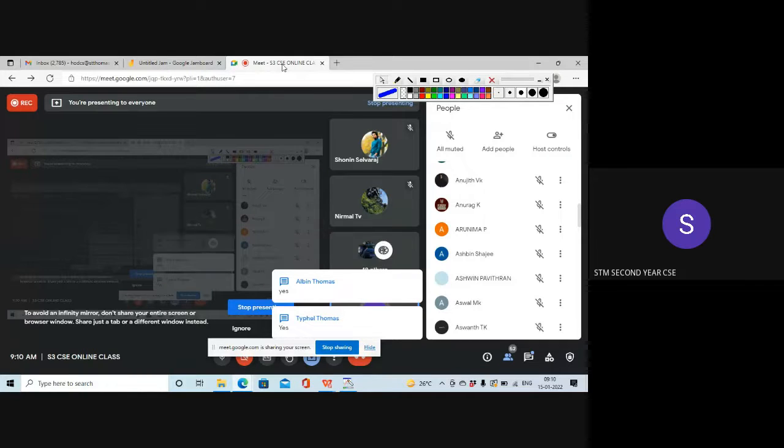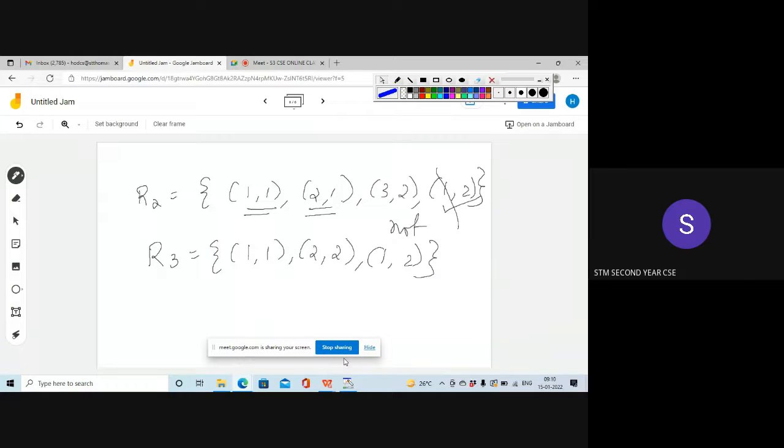What is the reason? (1,1) is there. If the elements are equal, it is okay. But the last ordered pair is (1,2), so you have to check if (2,1) is there. If (2,1) is there, then it is not anti-symmetric. For the anti-symmetric property to be satisfied, (2,1) should not exist. And (2,1) is not there in this relation.